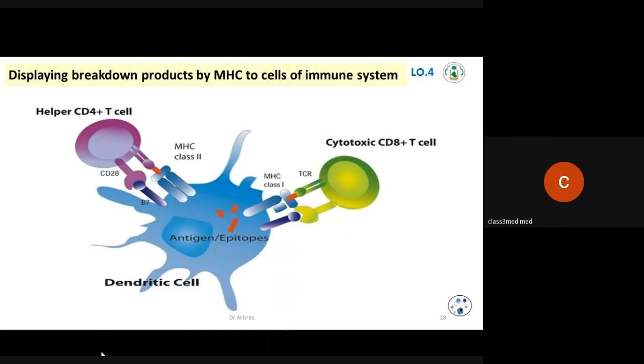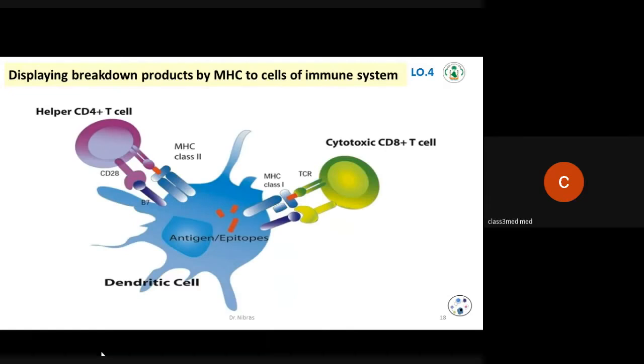These two signals result in activation of the T helper cell, CD4 T cell, and proceed to proliferation, activation, and differentiation into T helper cells. T helper cells will help other immune cells in their activities, like B cells, for example. B cells will produce immunoglobulin, antibody, against this bacteria or pathogen.